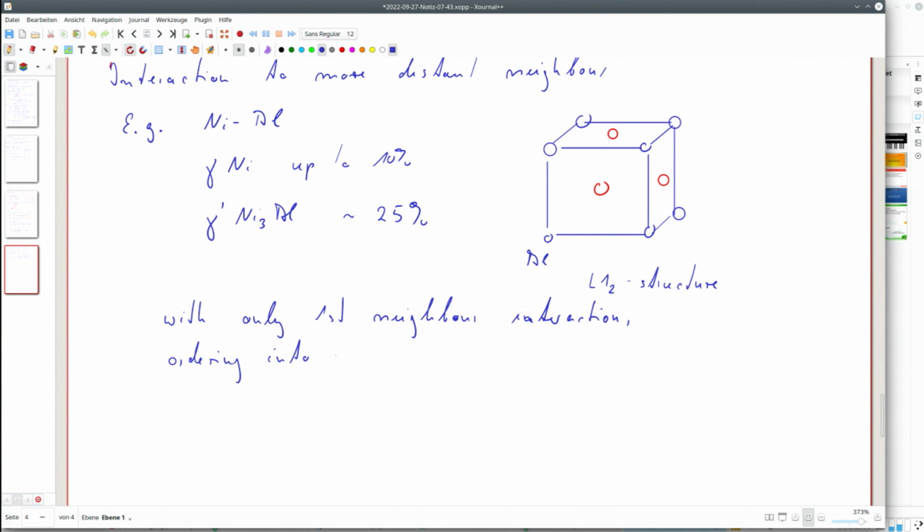Ordering into this L12 structure, if the composition is high enough, takes place. But what you obtain are antiphase boundaries with zero energy.